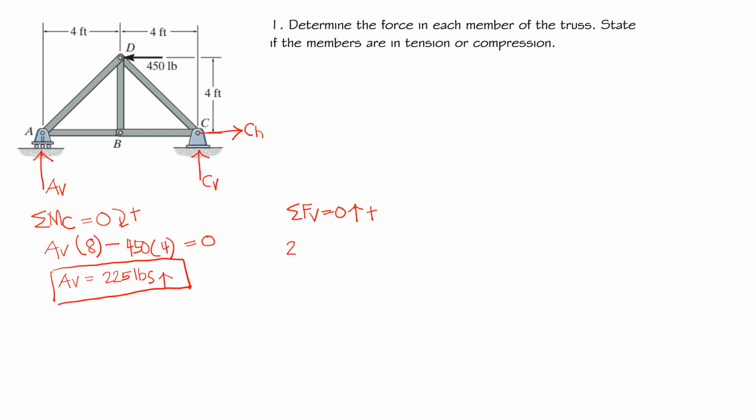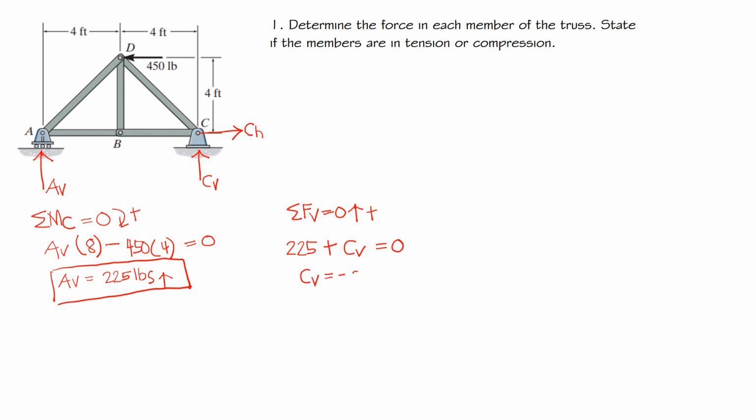So that becomes AV is going up, so positive 225 plus. So our assumption for the direction of CV is going up, so plus CV. And there are no other vertical forces acting on the system, so that becomes equals 0.